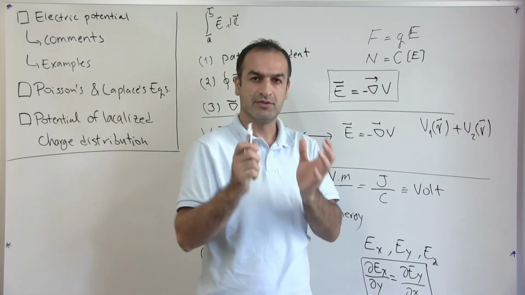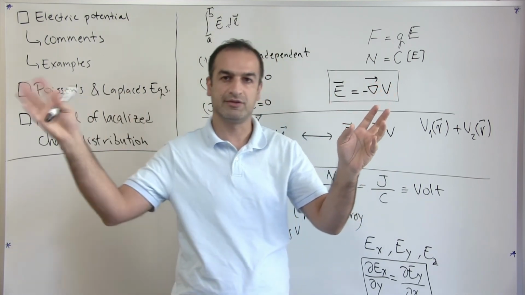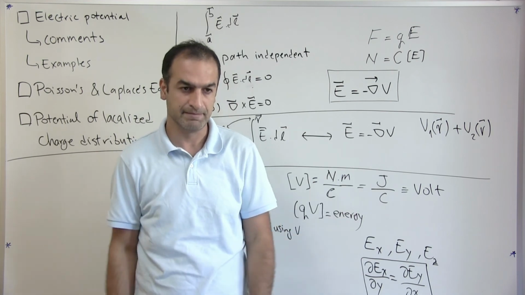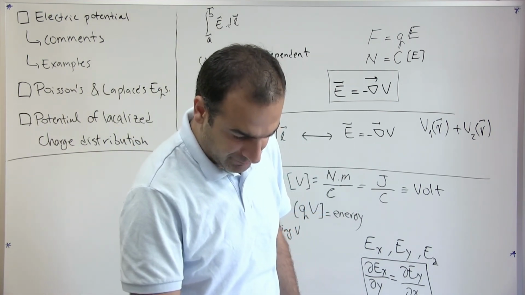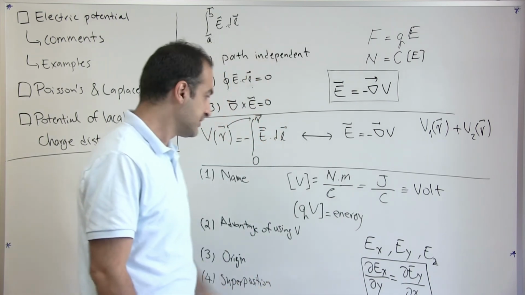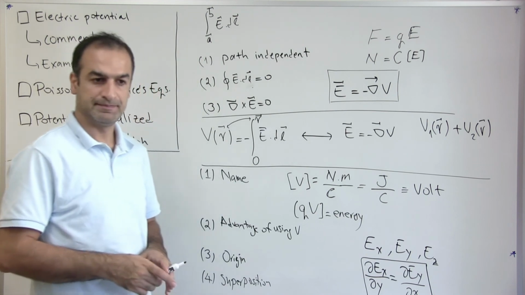Okay, so superposition principle works all the way from the force to electric field and to electric potential. Point number 5 is the units of potential, and that is what we already worked out in number 1.